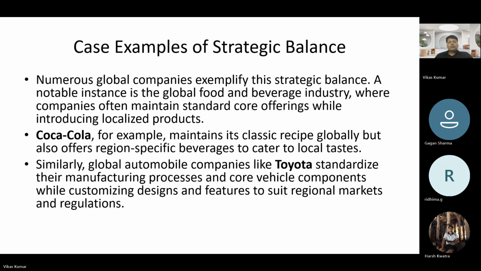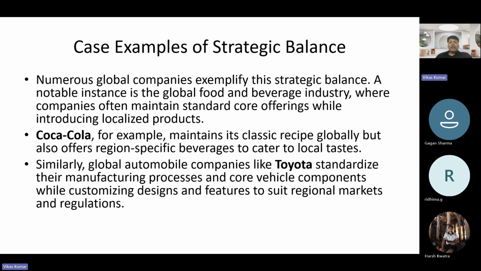Let's take two more examples of the strategic balance between standardization and differentiation. Many global companies have exemplified the strategic balance. A notable example is the global food and beverage industry, where companies maintain a standard core offering while introducing localized products.